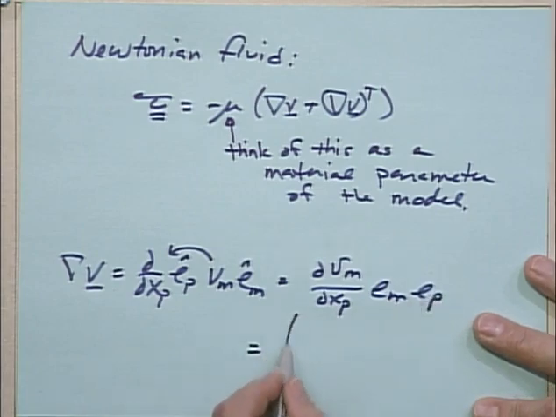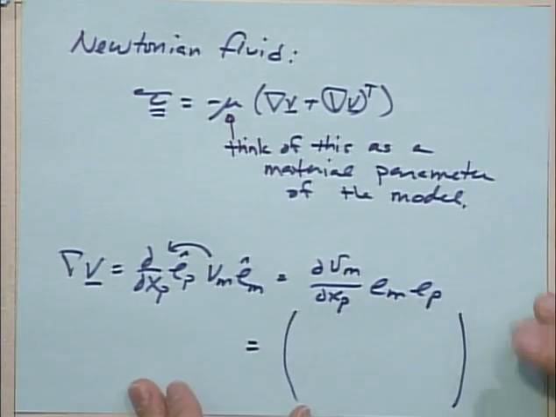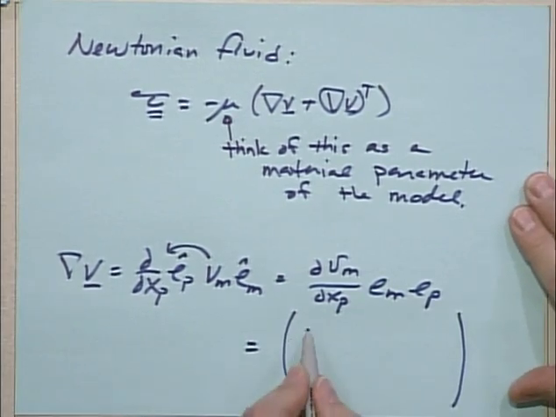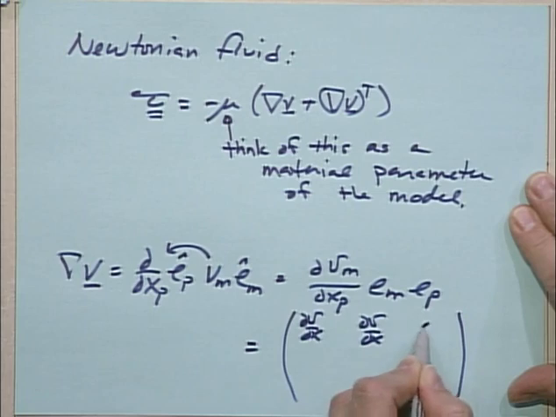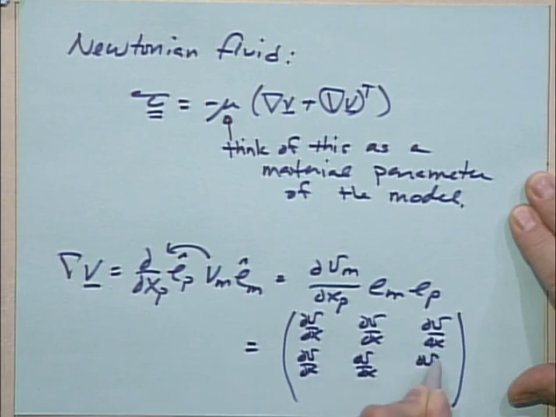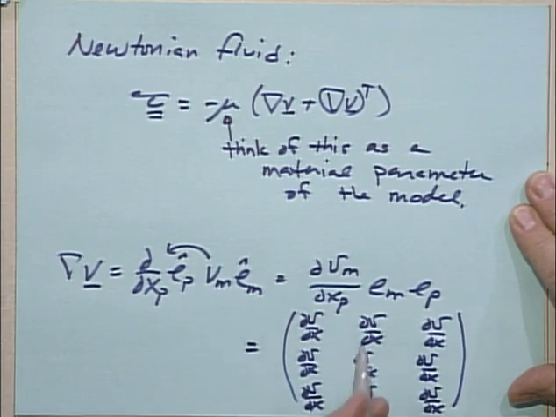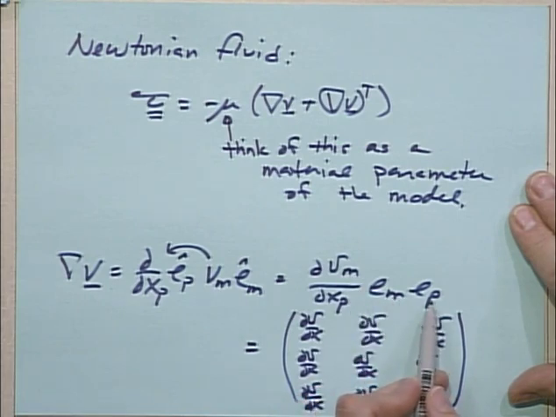And this is a tensor, dV dx everywhere. These are the columns and the rows.